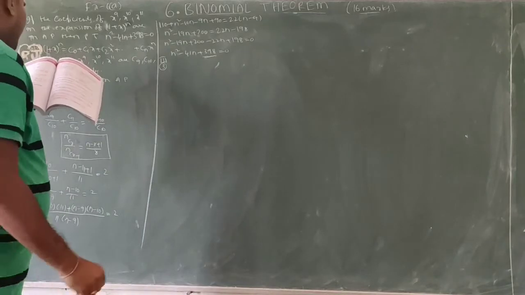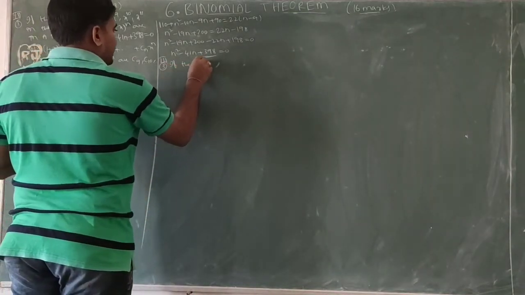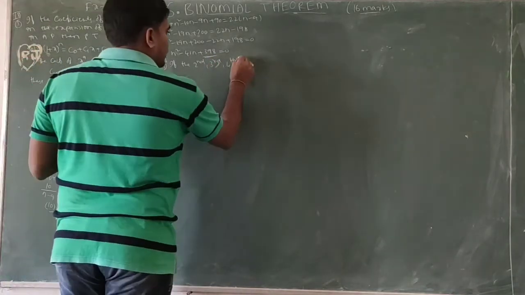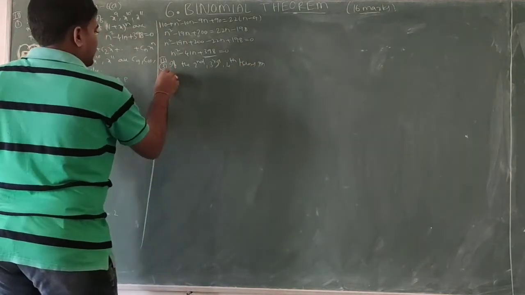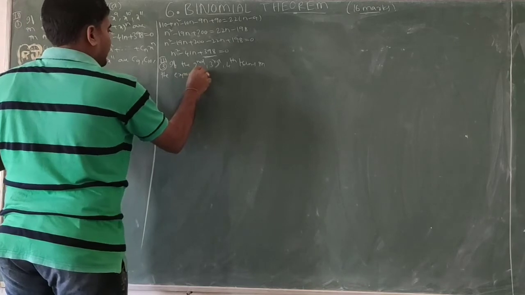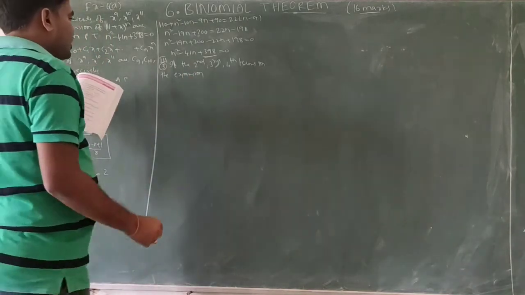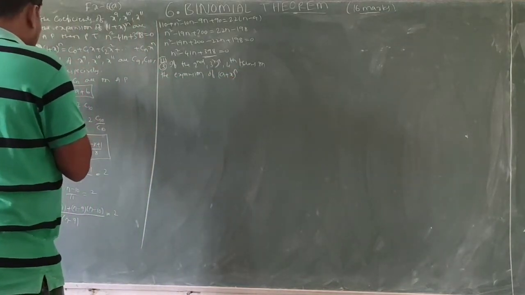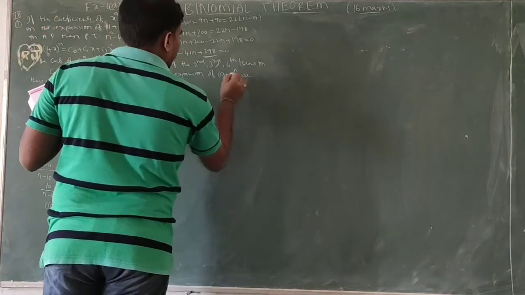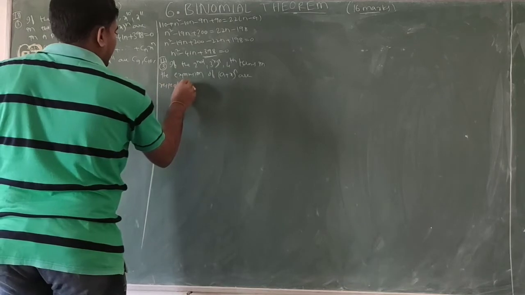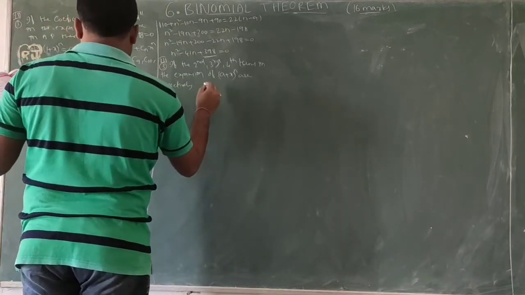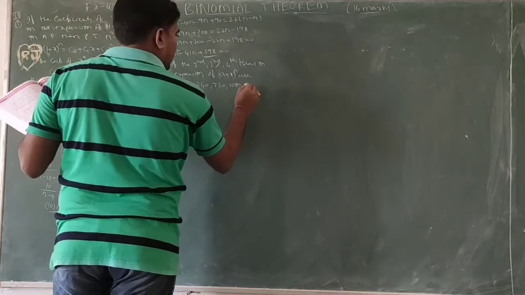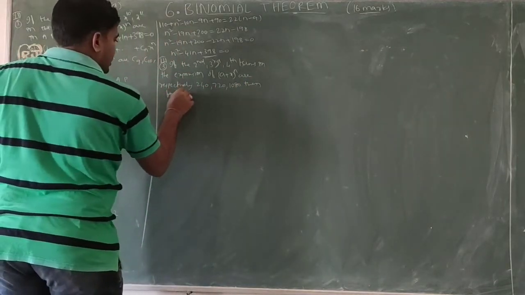Third question: if the second, third, fourth terms in the expansion of (a plus x) whole power n are respectively 240, 720, 1080, then find a, x, n.